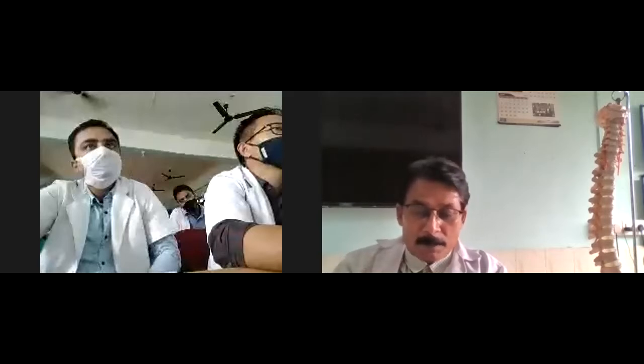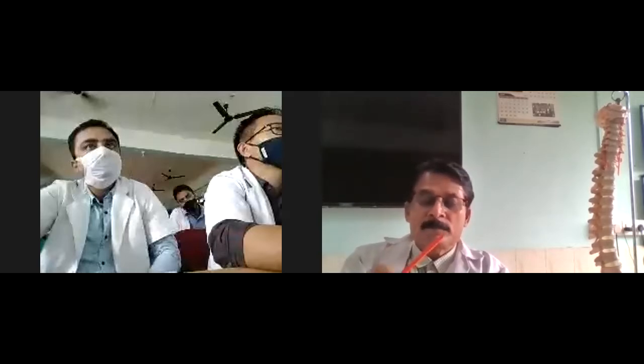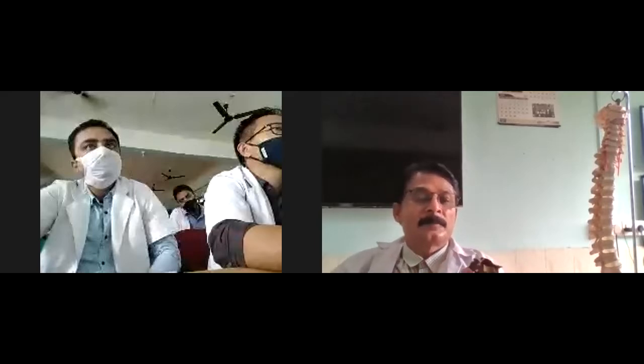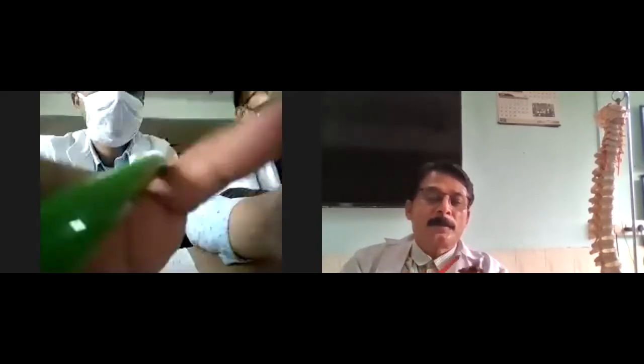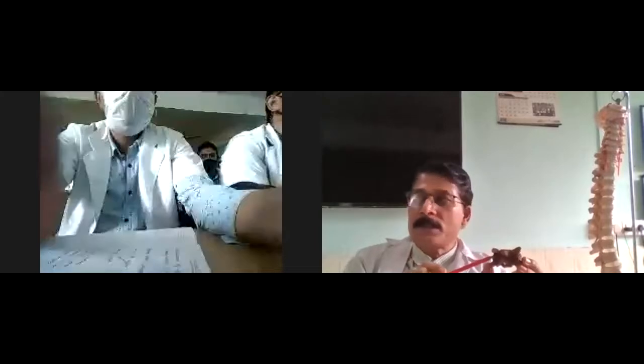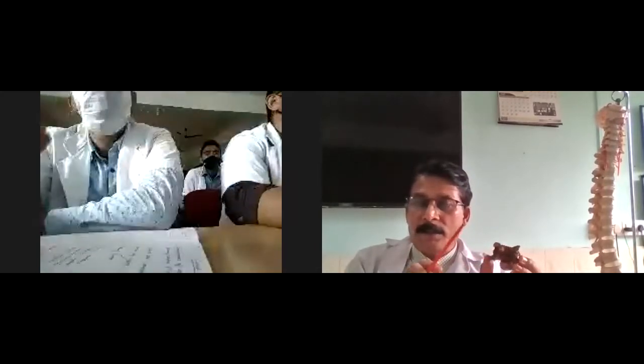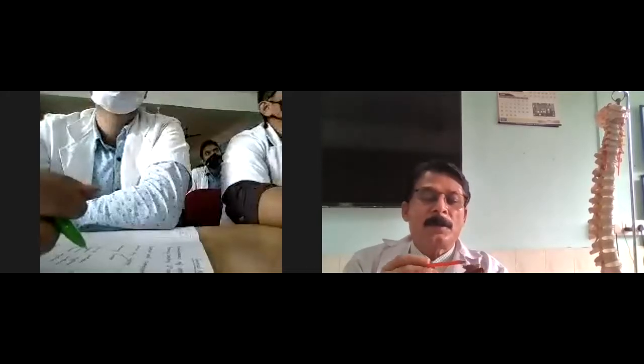Then in this cervical spine, we have talked about the joint. See, this is a joint here. There are two vertebrae, and you see the design of this joint. It is oblique, almost 30 degrees. That is the characteristic of the joint. We have already talked about the lateral mass.